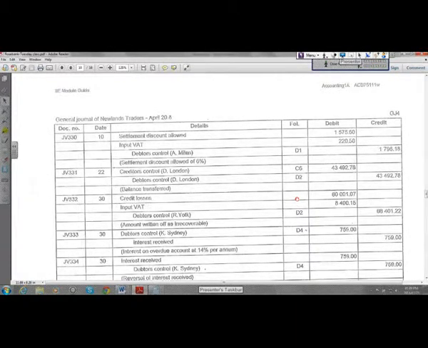Okay, so here, if you look at this, they have a creditors control and debtors control. And you look at this and you're like, this is so interesting. So what this means basically is that D London is our customer as well as our supplier.